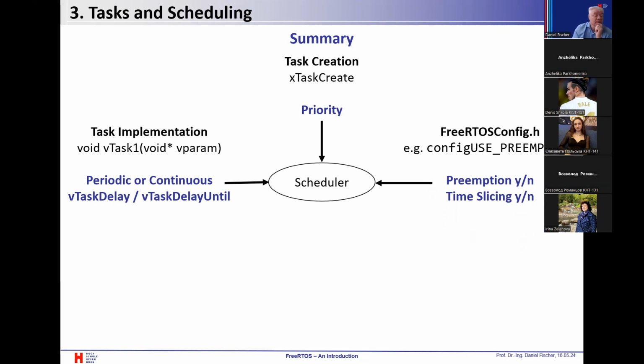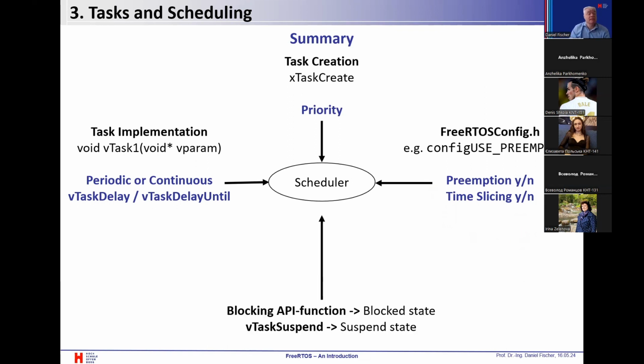And then this fourth part is that we can have blocking functions inside our code. We will see an example now. We can have blocking functions inside a queue function. And also you can use task suspend.